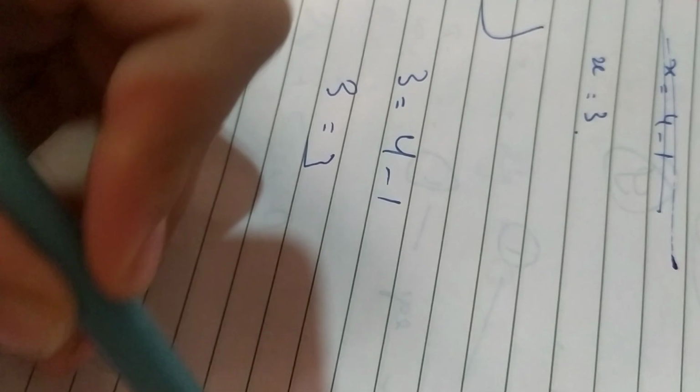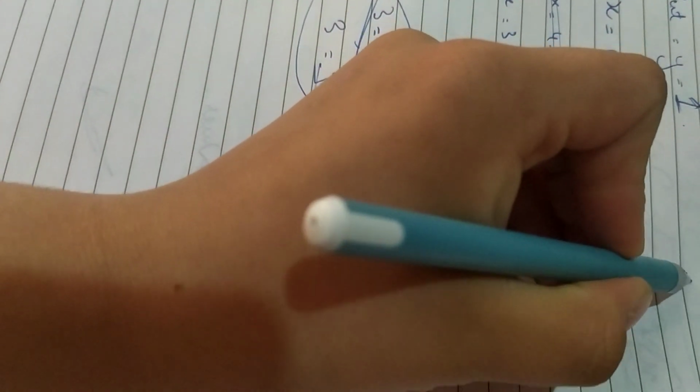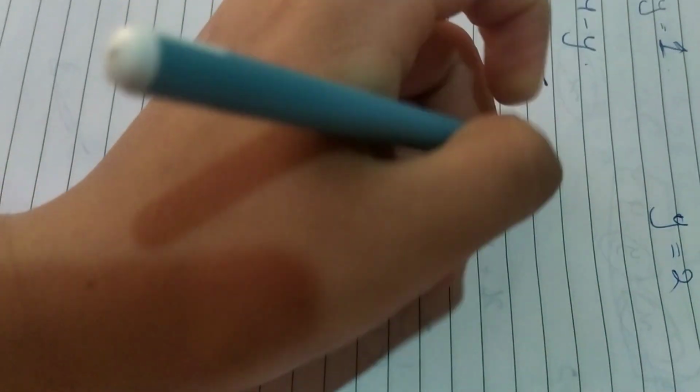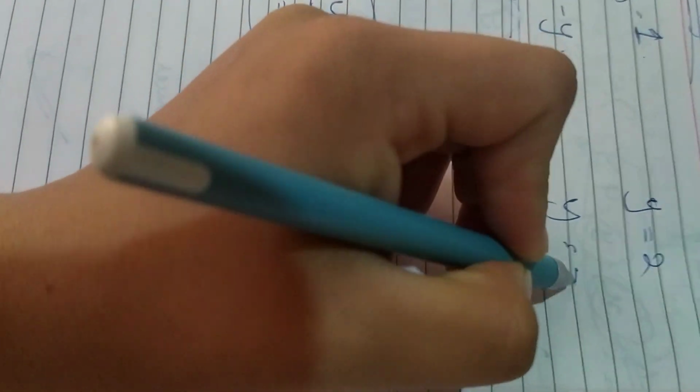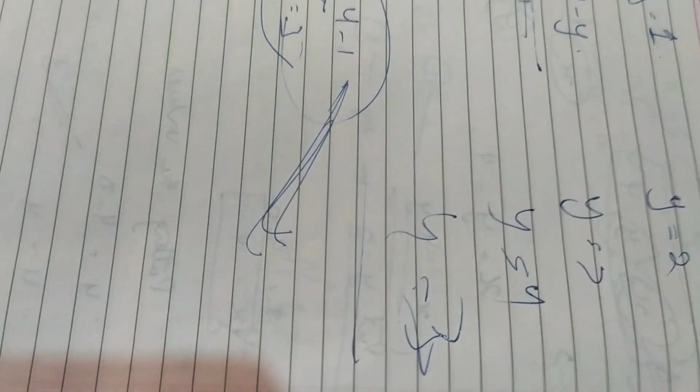What is x? 3. 4 minus 1. 3 equals to 3. Isn't this correct? If you will do this in your exams, the teacher may get impressed. So similarly, you can put y equals to 2, y equals to 3, y equals to 4, y equals to 5. The number of solutions you just need.